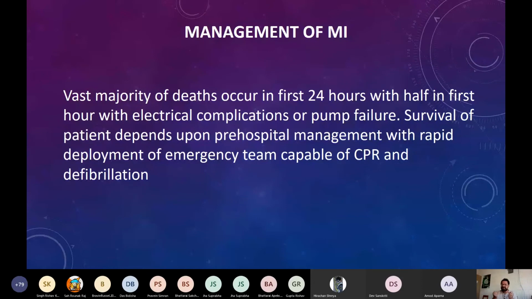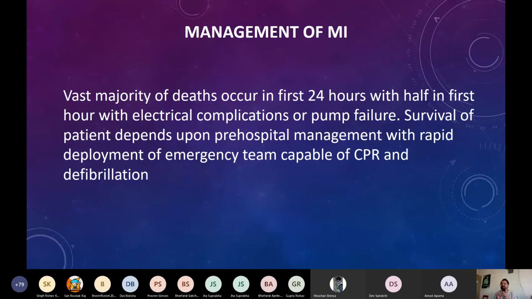Externally, or sometimes to prevent immediate electrical complications, there should be a doctor with defibrillators. DC shock is given to the patient to help the heartbeat. Survival of the patient depends upon pre-hospital management with a rapid deployment system capable of CPR and defibrillation.